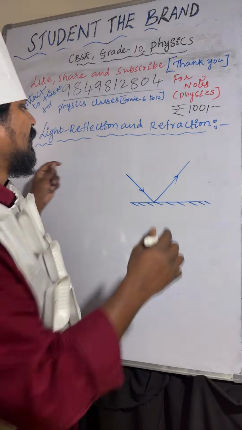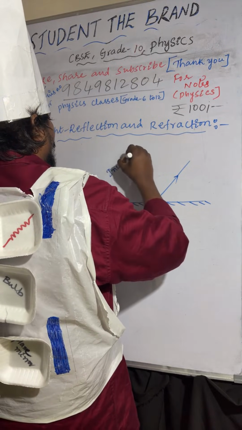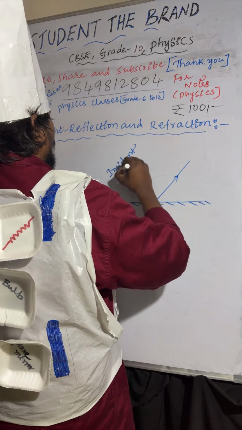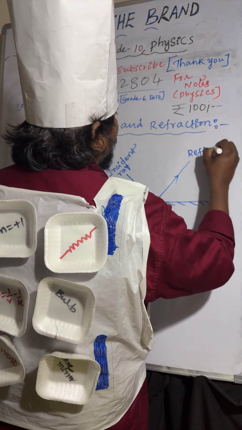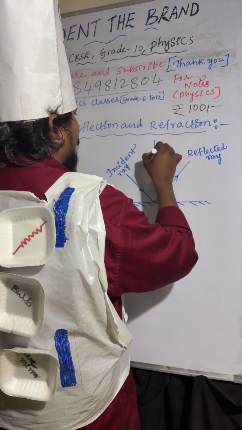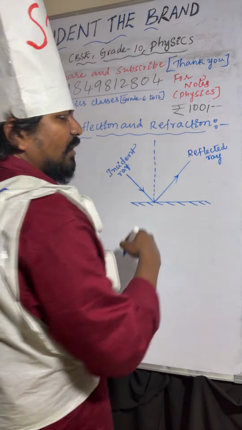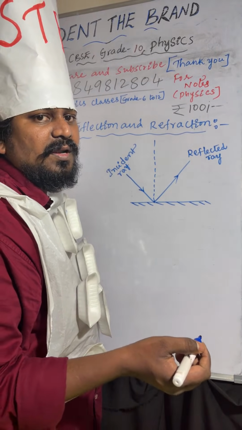You can see the incident ray and reflected ray, and the line perpendicular to the plane surface is called the normal line.